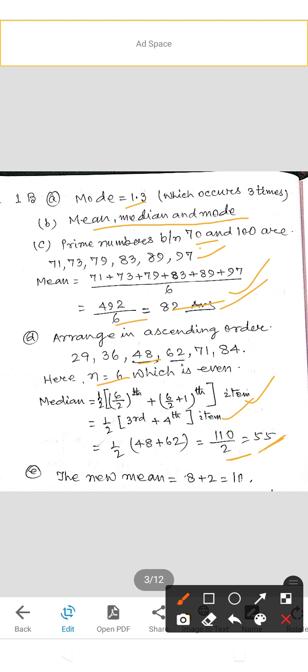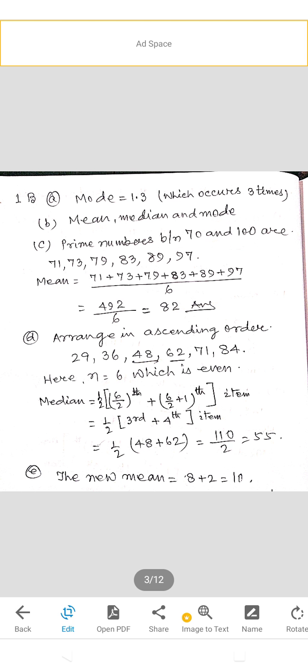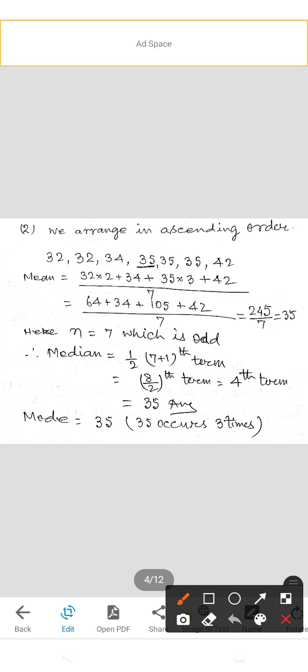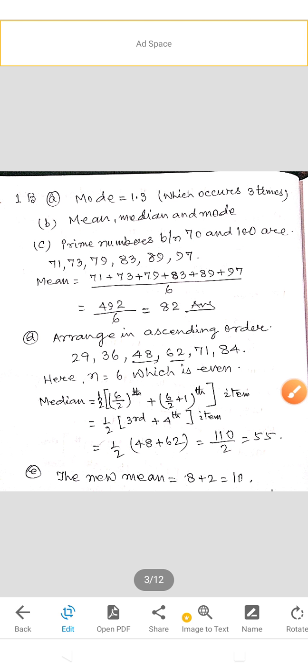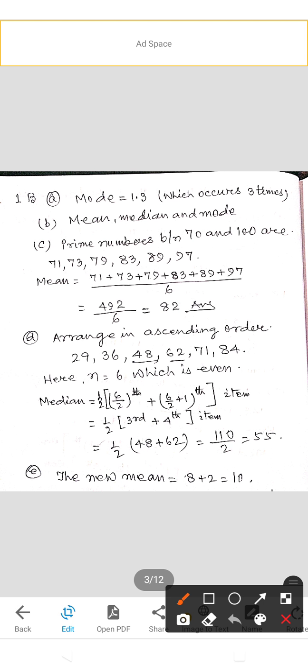So median equals 1 by 2 [(6 by 2)th + (6 by 2 + 1)th items]. 6 by 2 means third term and 6 by 2 + 1 means fourth term. So find the sum of third and fourth terms divided by 2. Here third term is 48 and fourth term is 62. So (48 + 62) by 2 = 110 by 2 = 55.